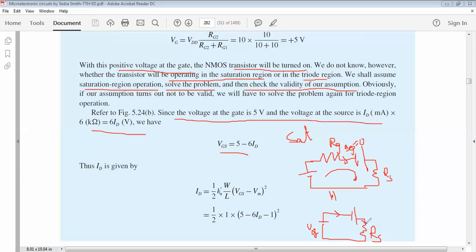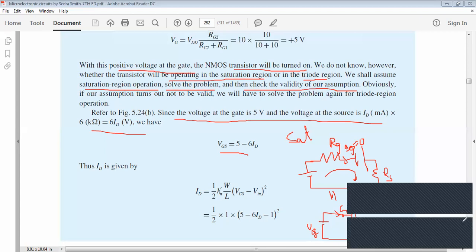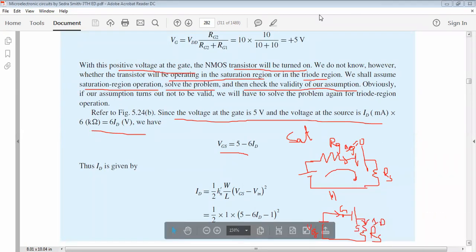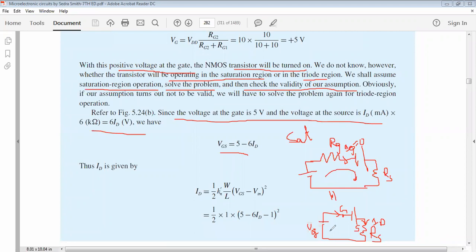Now apply KVL to this loop, where the current flowing through RS is the drain current ID. Across the gate and source, the KVL gives VG minus VGS minus ID times RS is equal to 0.